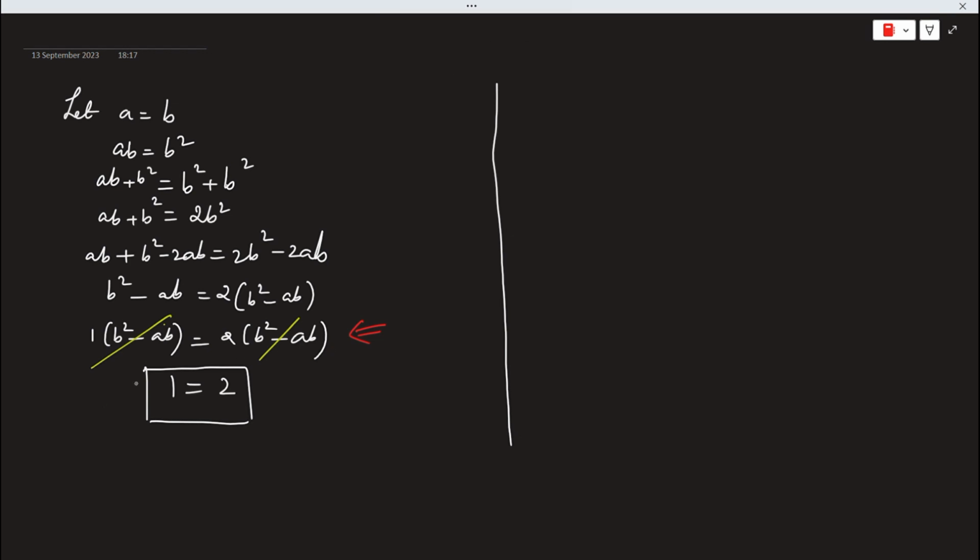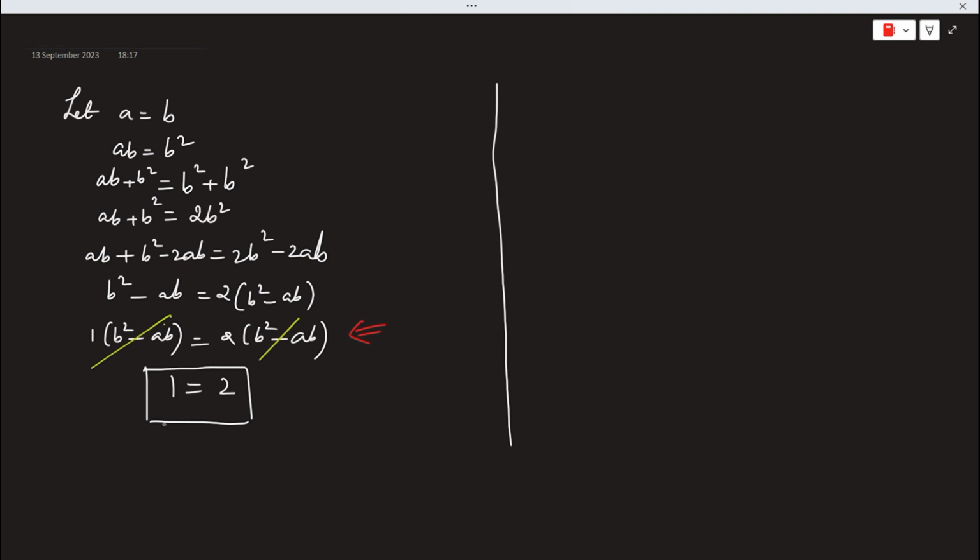The reason is, if you consider a is equal to b, then b square minus ab, if you evaluate, you will see something very interesting. b square minus a is nothing but b, so b into b becomes b square. So b square minus b square is 0. So actually we have cancelled 0 on both sides. Because of that we got this illogical statement. So please remember, zeros we are not supposed to cancel.